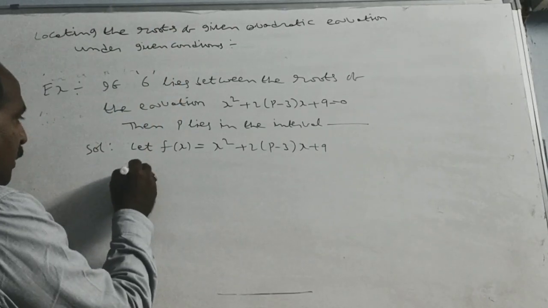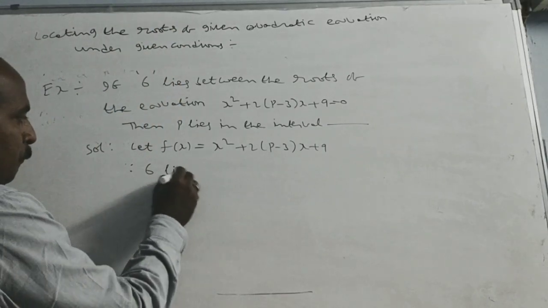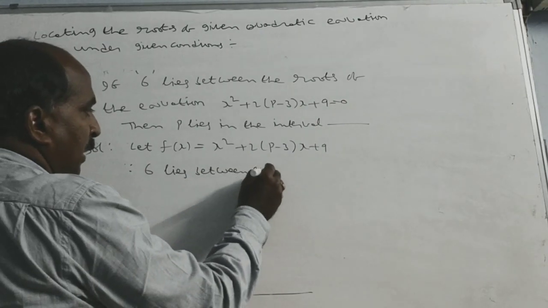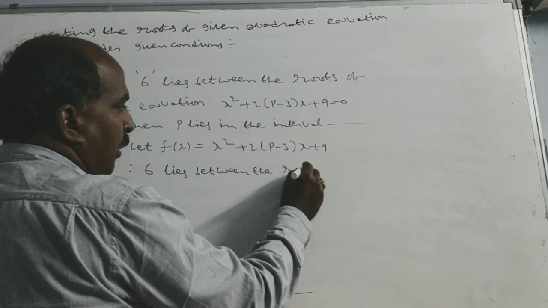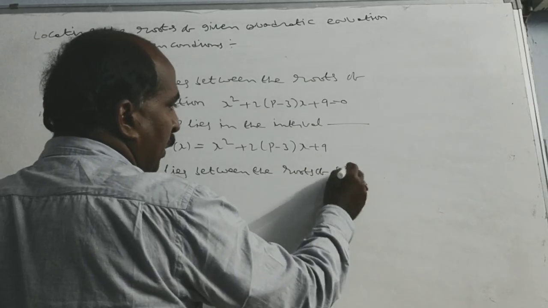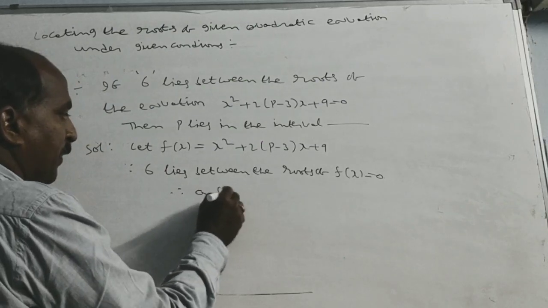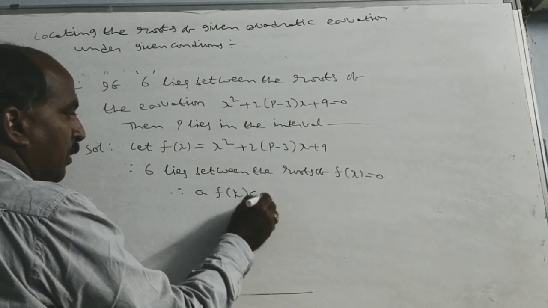Since 6 lies between the roots of f of x equal to 0, therefore a into f of k is negative.